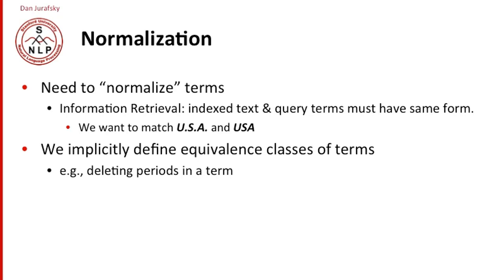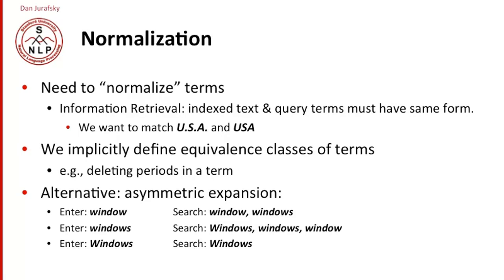So it's like implicitly defining some kind of equivalence class of terms. We might do this by always deleting periods, for example. We might have a rule that takes U.S.A. to USA. An alternative is some kind of asymmetric expansion. So for example, let's say we're doing information retrieval. If I enter the term window, I might want to search for window or windows or any morphological variant of the word window.